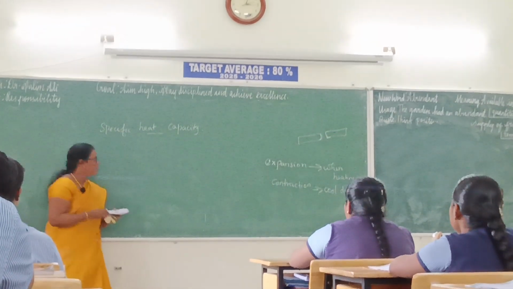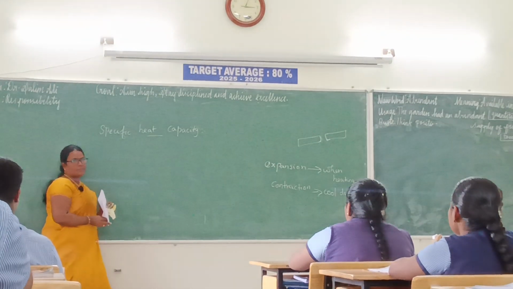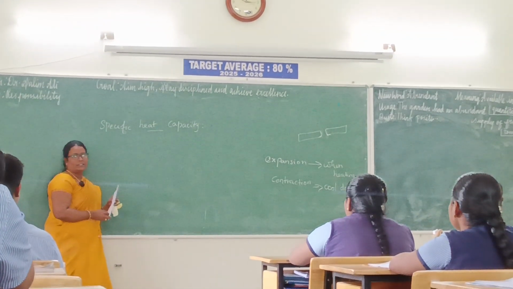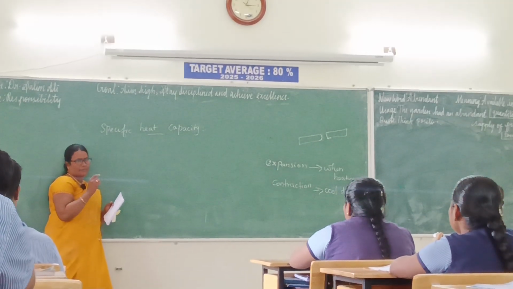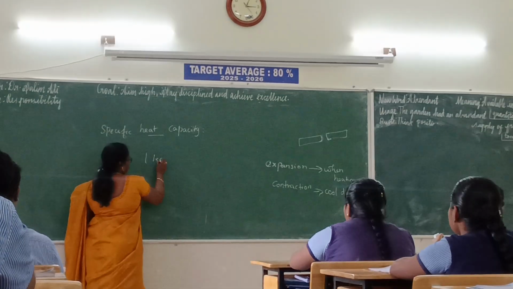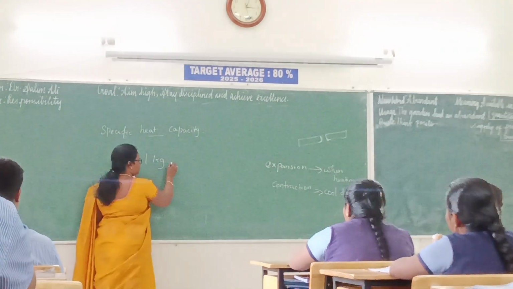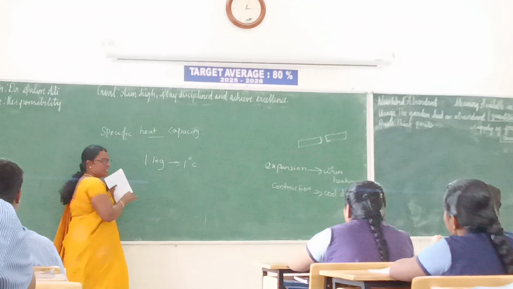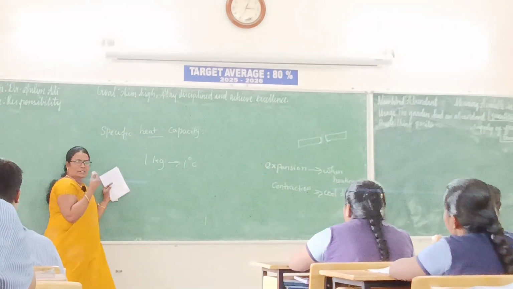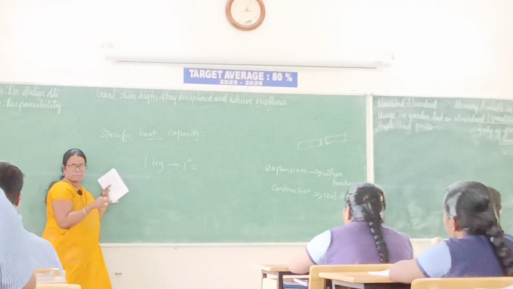So specific heat capacity is nothing but, suppose we are taking 1 kg of substance, how much amount of heat we give to raise the temperature of this substance by 1 degree Celsius. That is called the specific heat capacity of that substance.